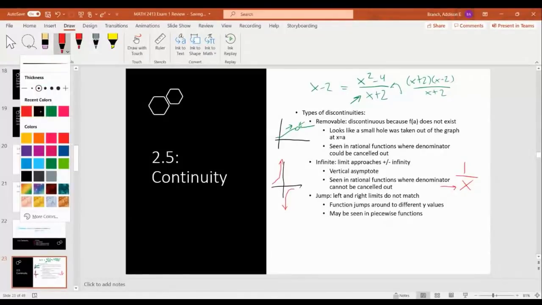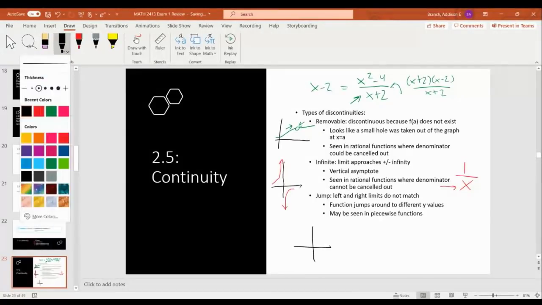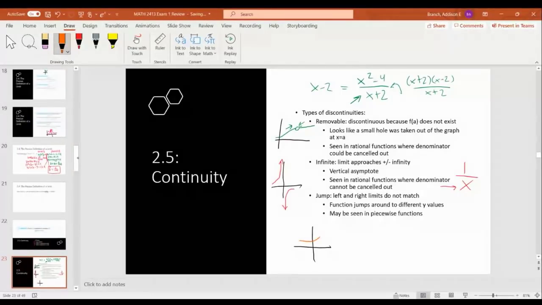And then lastly, you'll have jump discontinuities, and those will look something like this, to where you have a function, and then it just jumps up to another piece. And that one fails for continuity because even though the point may exist, the limits aren't going to match.